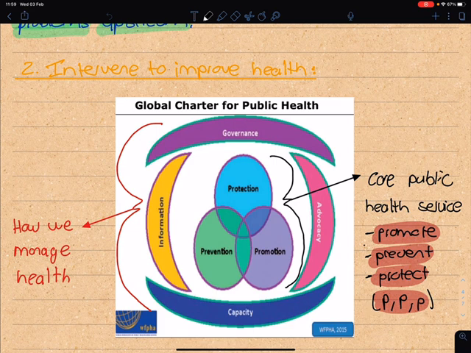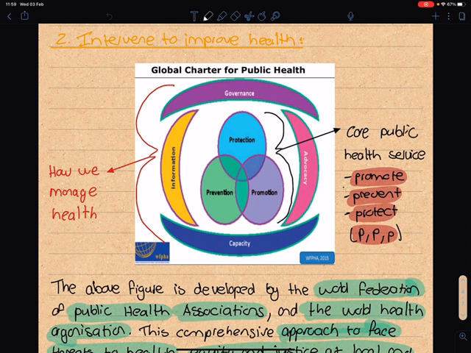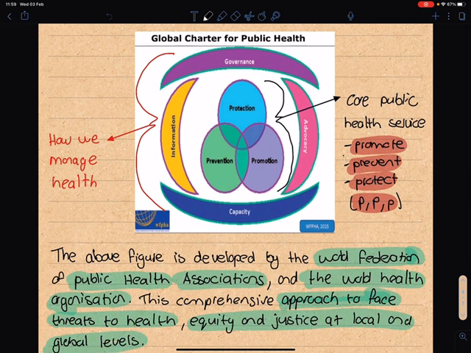Okay, then secondly, if we look at the intervention process, here's a chart. This chart was made by the World Federation of Public Health Associations, and also the WHO, the World Health Organization. They compiled this comprehensive approach in order to protect public health.